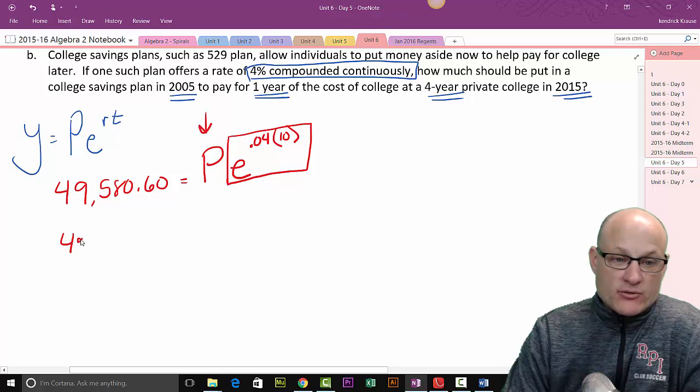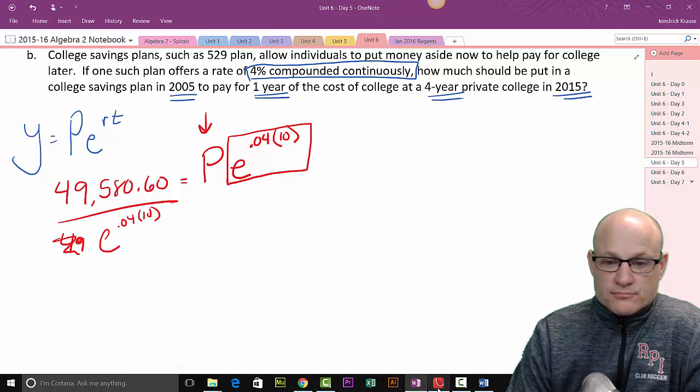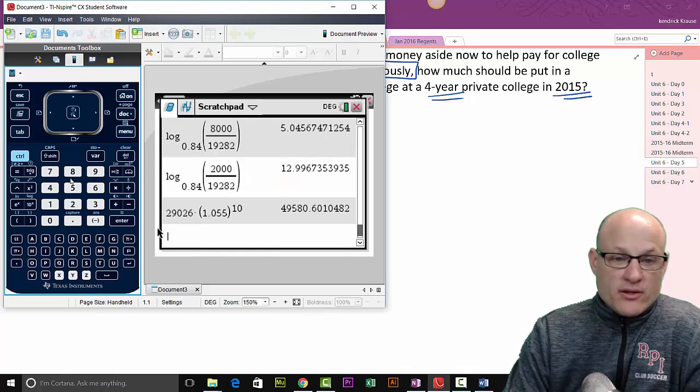So we just got to figure out what that's equal to. So all we're going to do is divide by e to the 0.04 times 10. Go to our calculator.